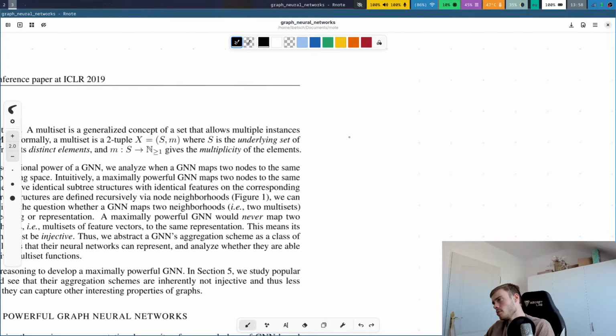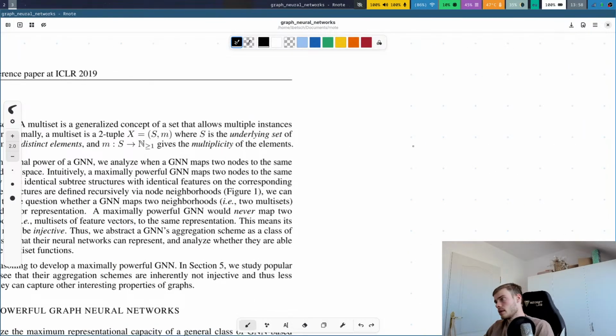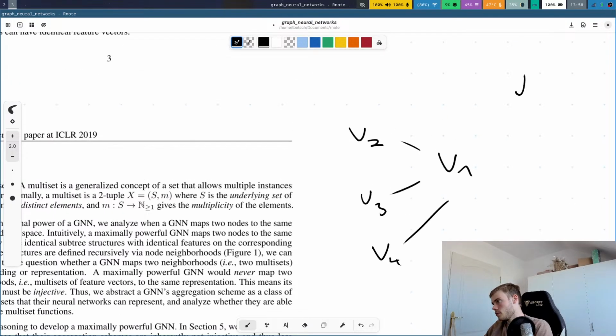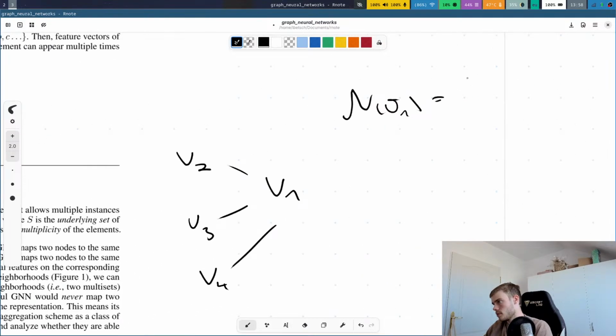Okay, what they probably mean by that is we have a V1, and let's say V1 is connected to this neighborhood. So the neighborhood of V1 is the set of V2, V3, and V4.